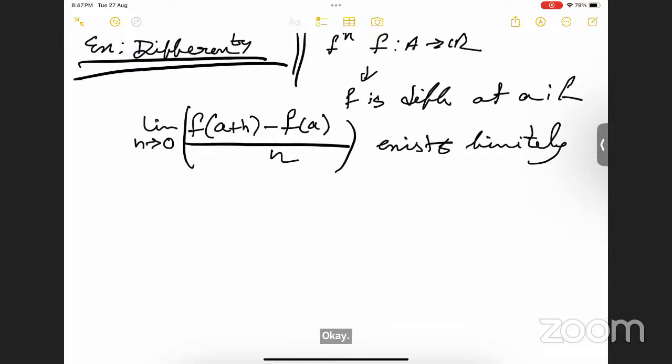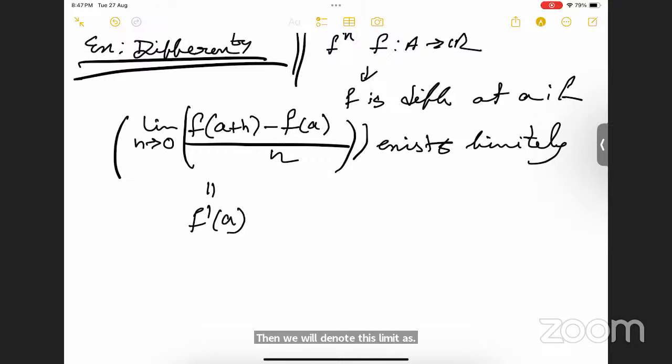So if we have a function which is differentiable, then we will denote this limit as f dash a, right?